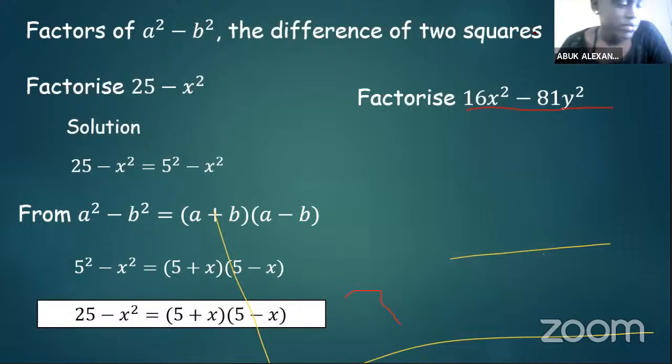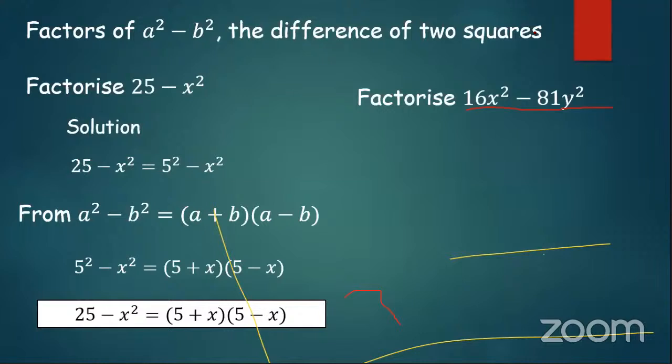So my answer is 4x plus 9y into 4x minus 9y. Thank you. Teacher, I have 4x plus 9y into 4x minus 9y. Okay, thank you. In the chat we have Brea: 4 plus x into 4 minus x, 9 plus y into 9 minus y. I think Brea, there is something you did wrong.